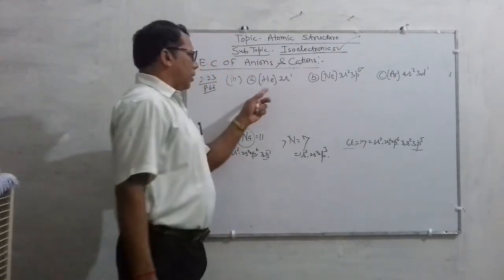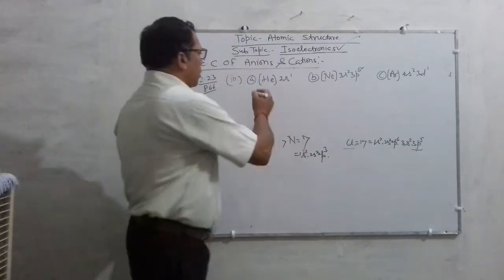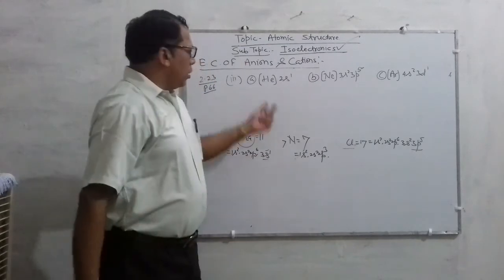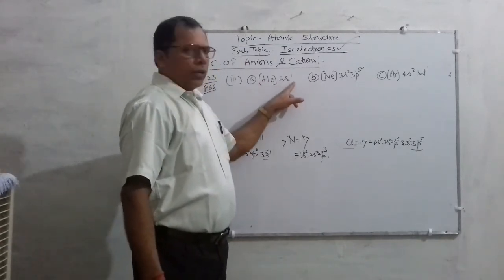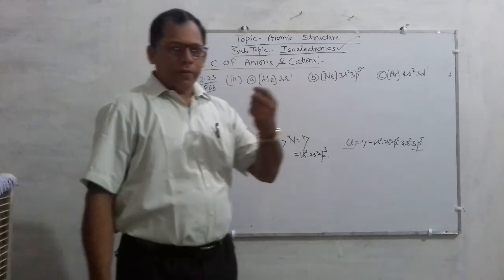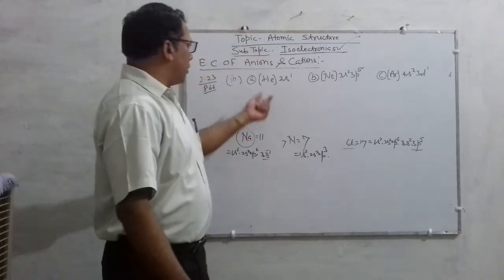Children, you do not have to take any tension. Just know that helium means having 2 electrons, and 2s1 means that after the completion of the first shell, the electron goes into the next shell.